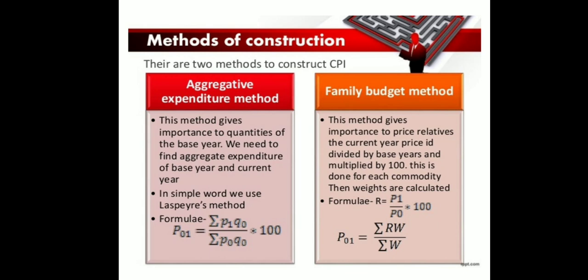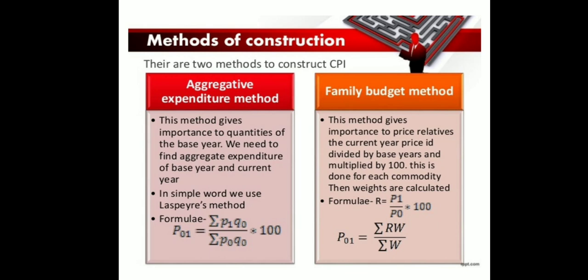The same quantity is not used in each household. So in such cases, the normal index numbers will not give a correct estimate.